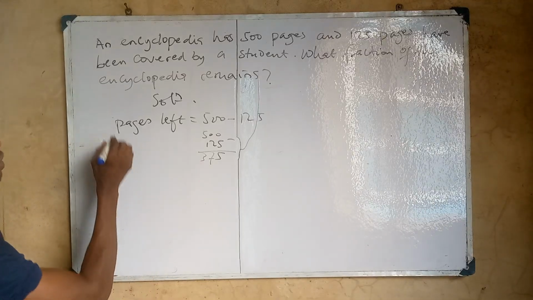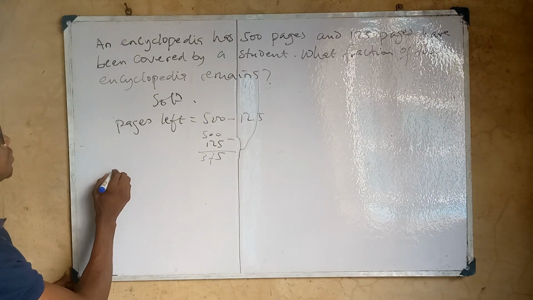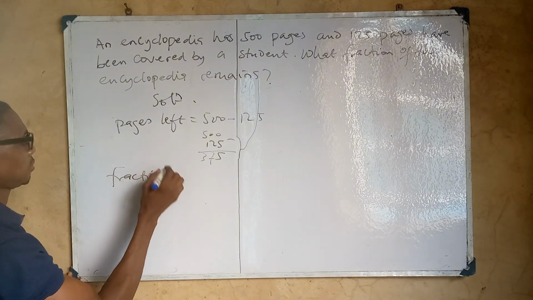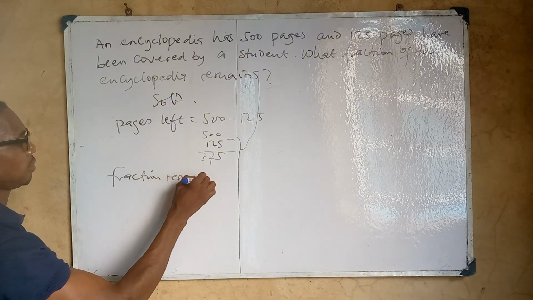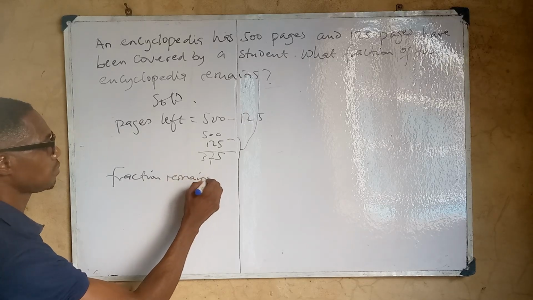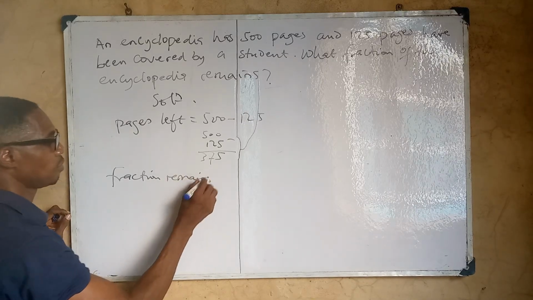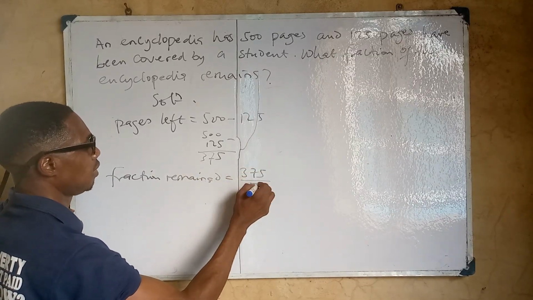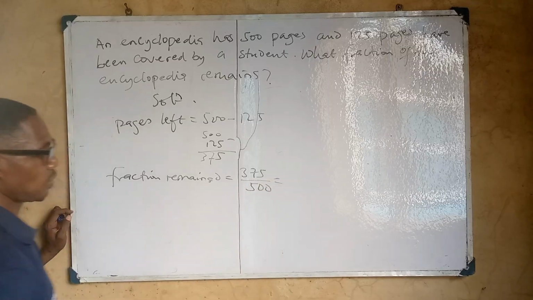Then the fraction that remains is equal to 375 over 500. That's a fraction.